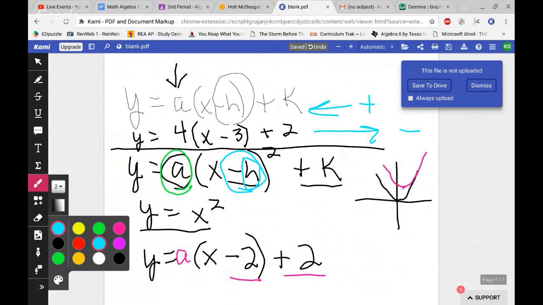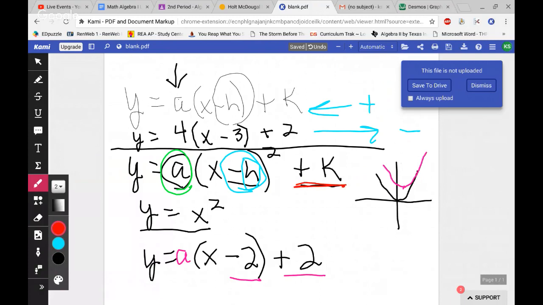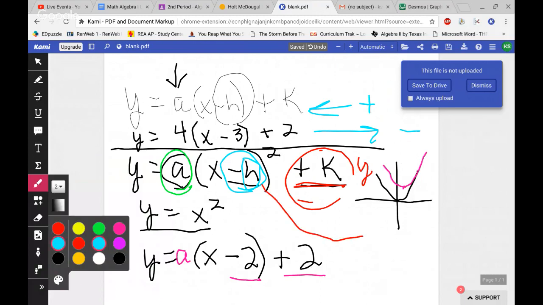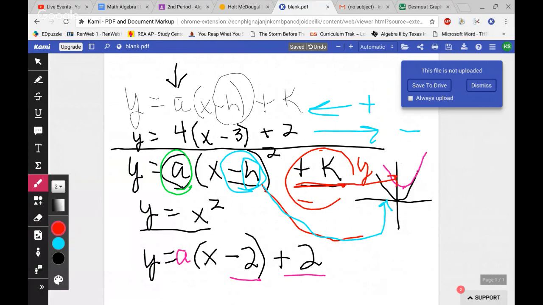Well, on this one, this part right here, this is the k, and that's going to tell you whether it goes up and down. And in the original generic formula, it is a positive. So that's just going to move along your y-axis. This moves along your x, and this moves along your y.